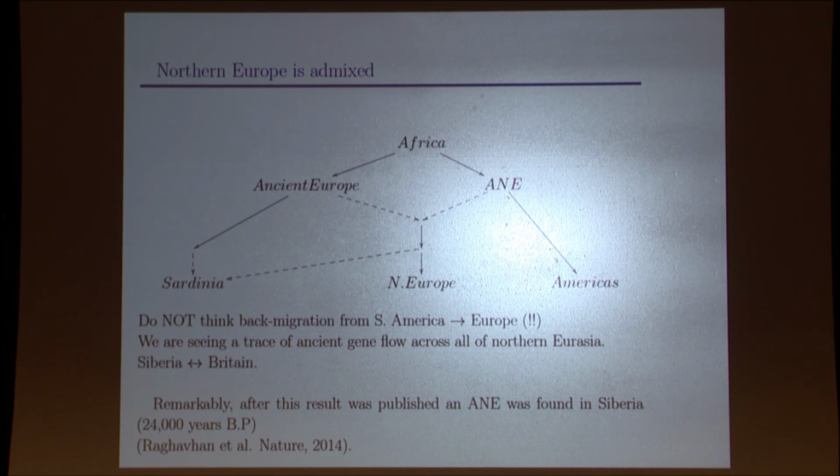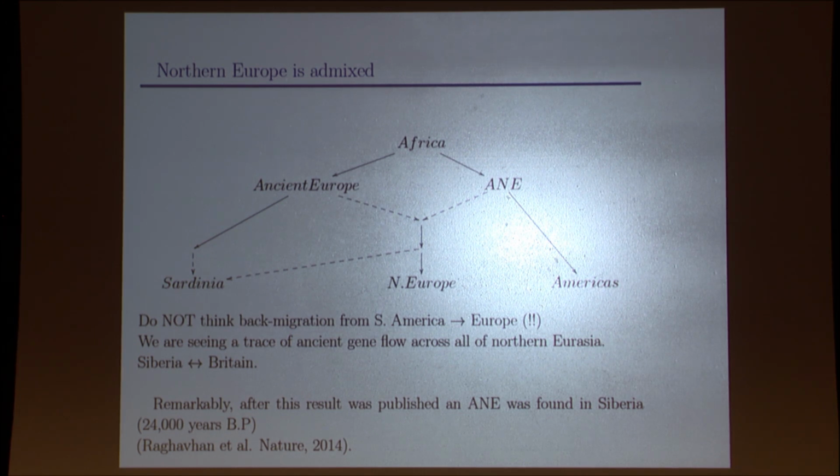I should say, earlier on, backing up, there was an out of Africa event where the ancestors of all modern Eurasian populations leave Africa. Some of those people go into ancient Europe. Some of them become the ancient North Eurasians. And then we get an admixture event where some of these admixed populations form a population in Northern Europe.